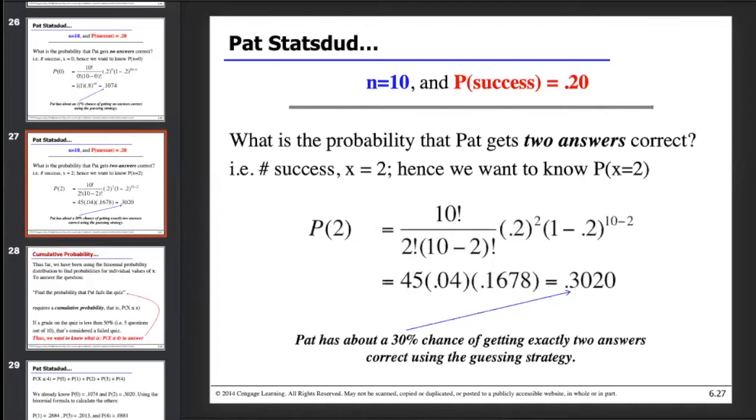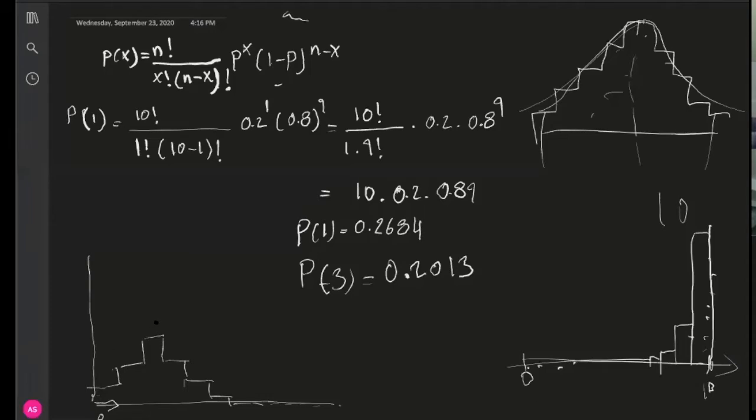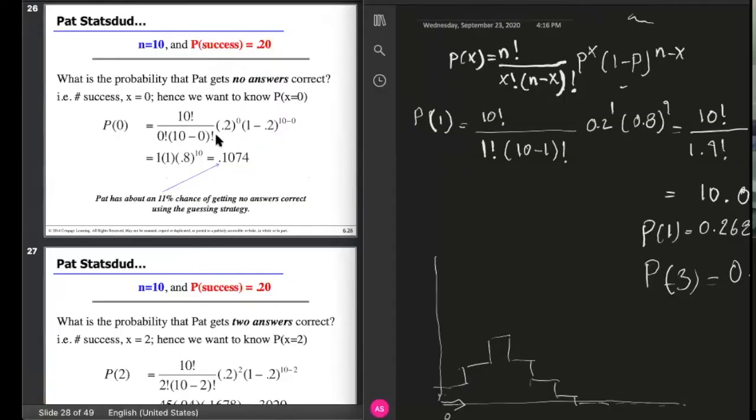And so essentially we could make a probability distribution for this trial, right? The probability distribution would look something like this. So if you look here, probability of 0 was 10%. Let's think of this area being probability of 0. This is 1, this is 2, this is 3, and 4, and 5, and so on, right?